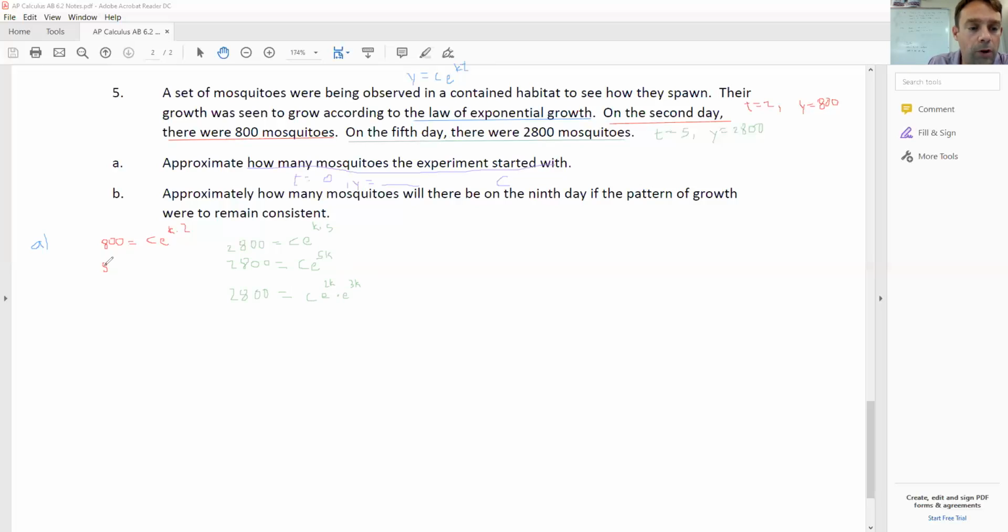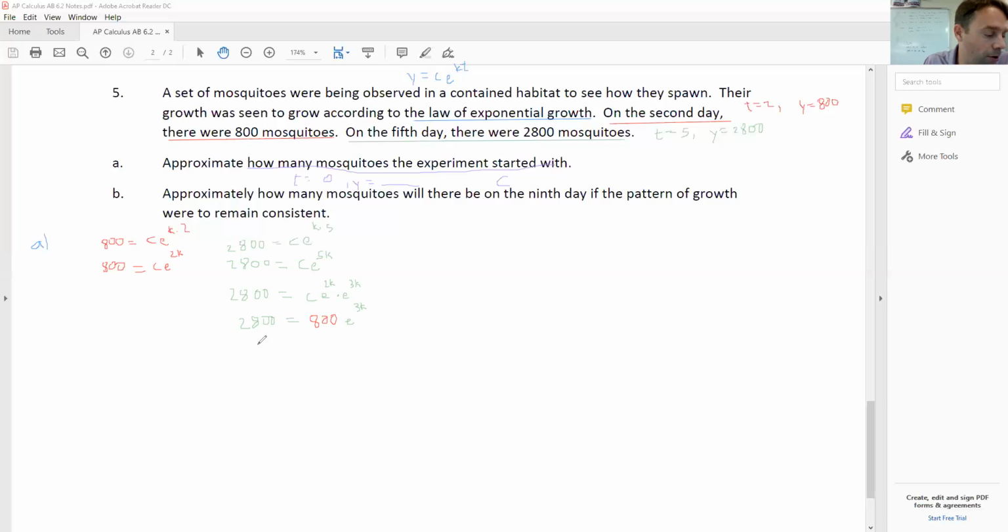And the reason I wanted to do that, friends, or I'm hoping that you guys did it as well, is I see over here c e to the 2k. I can take that 800 and plug it in for c times e to the 2k. Now, it didn't help me figure out what the initial value is yet, but it will allow me to figure out what my constant value is going to be, my k value.